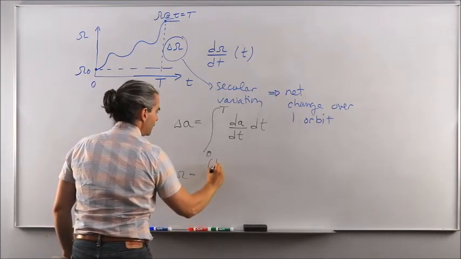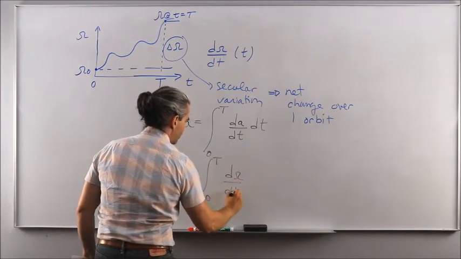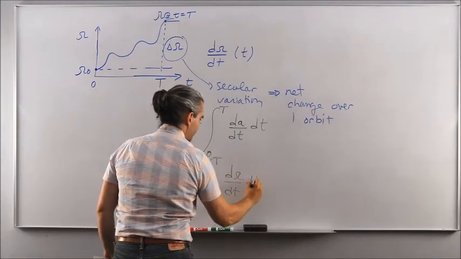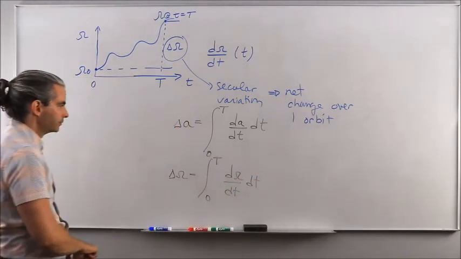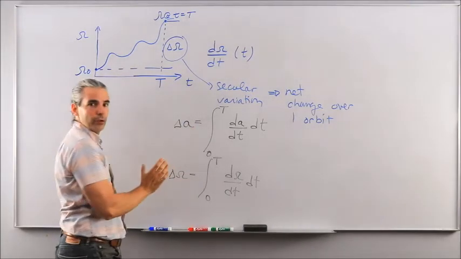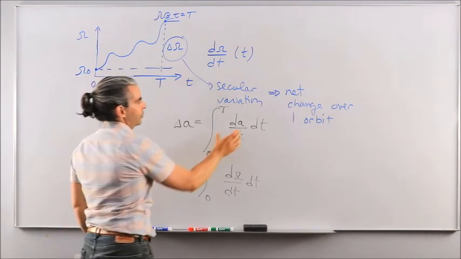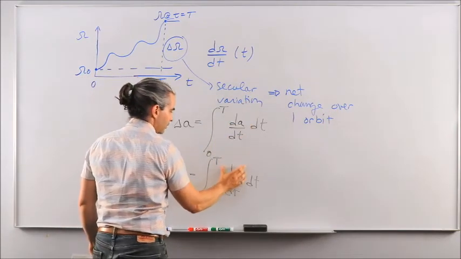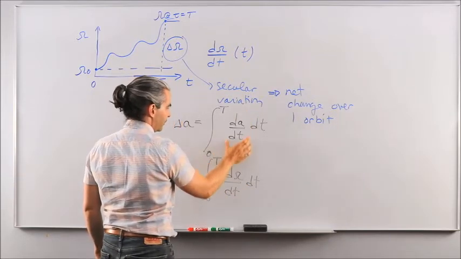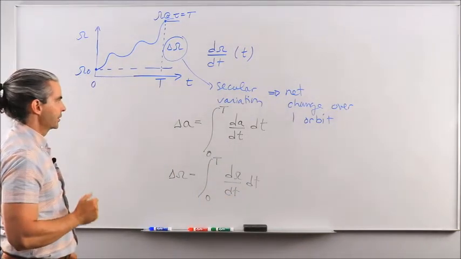Between 0 and 1 orbital period later of d RAAN dt, which is your GVE for RAAN, or Gauss Variational equation, dt, and so on and so on. That's one way you could calculate the secular variations in any orbital elements through the use of your Gauss Variational equations, which are the time derivative terms of your orbital elements. All right?